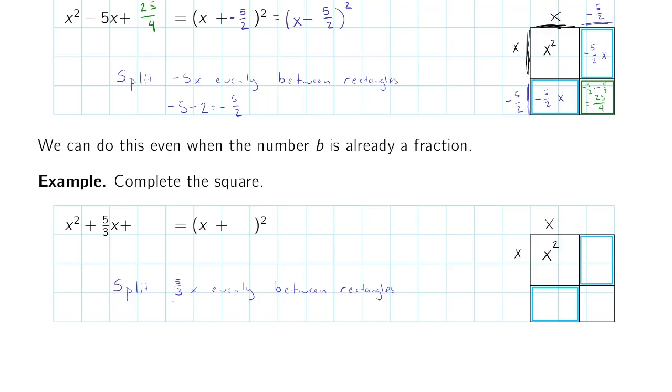And so we'll say 5/3 divided by 2. And so that's 5/3 times 1/2 is 5/6. So each of our little rectangles is going to contain 5/6 x.